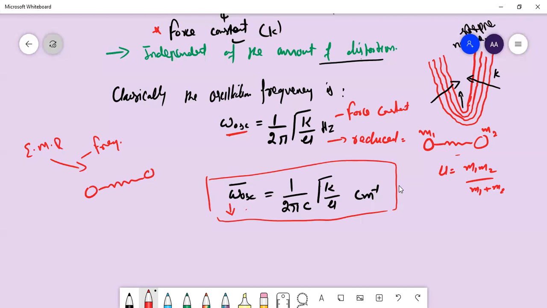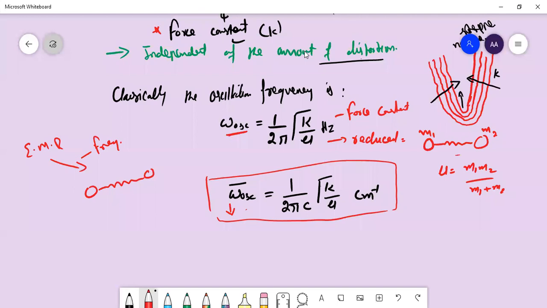These two frequencies will resonate with one another, and the molecule will absorb the electromagnetic radiation. These are the infrared radiation, and your molecule will undergo transition from one energy level to another energy level.